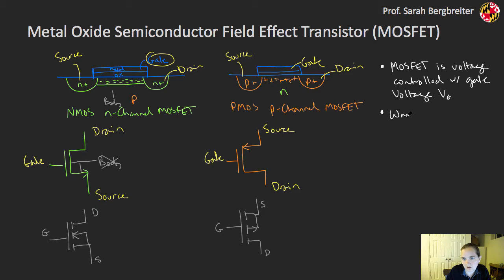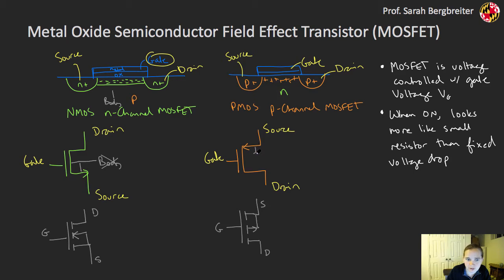Another key point is that when it's on, it looks a lot more like a small resistor than a fixed voltage drop like I had in my BJT. So effectively this turns into a small resistor that I'm going to call RDS, or the drain source resistance, rather than the fixed voltage drop that I get between the collector and the emitter in my BJT.